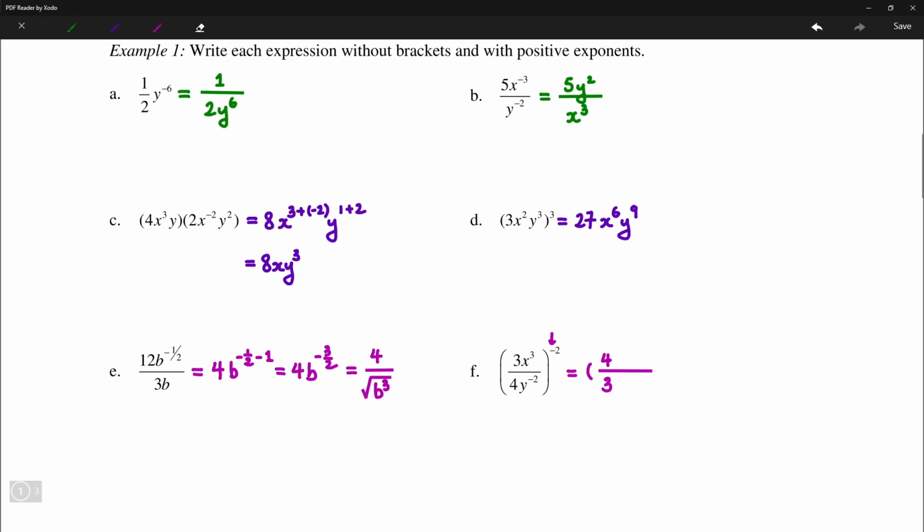And then this will be x to the negative 3 and then y squared. And on the outside, we just have the square. So next, we have this negative exponent here. So we're going to move that term to the denominator.